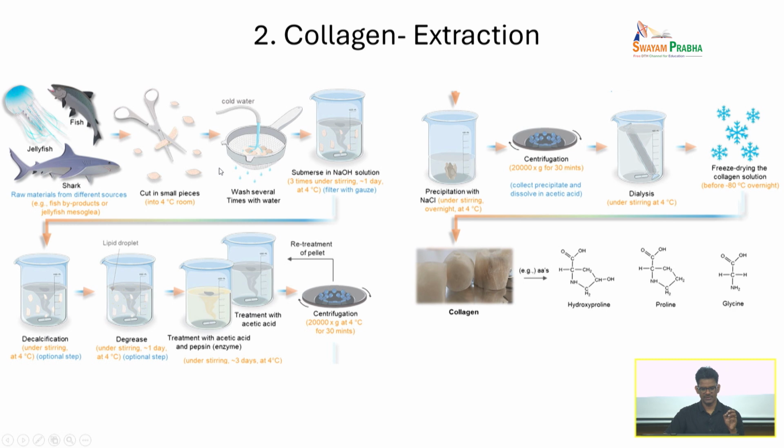You cut them into small pieces, wash and clean everything, and then first submerge them in sodium hydroxide, an alkali solution, over a period of a day. This leads to decalcification, and then you treat with acetic acid, pelletize by centrifugation, and then undergo multiple washing with salt, dialysis, and freeze drying, and finally you get collagen. Treatment with acid, base, and salt is very common for any biomaterial synthesis, and that's what we see here also. The final collagen will be colorless and very gel-like.